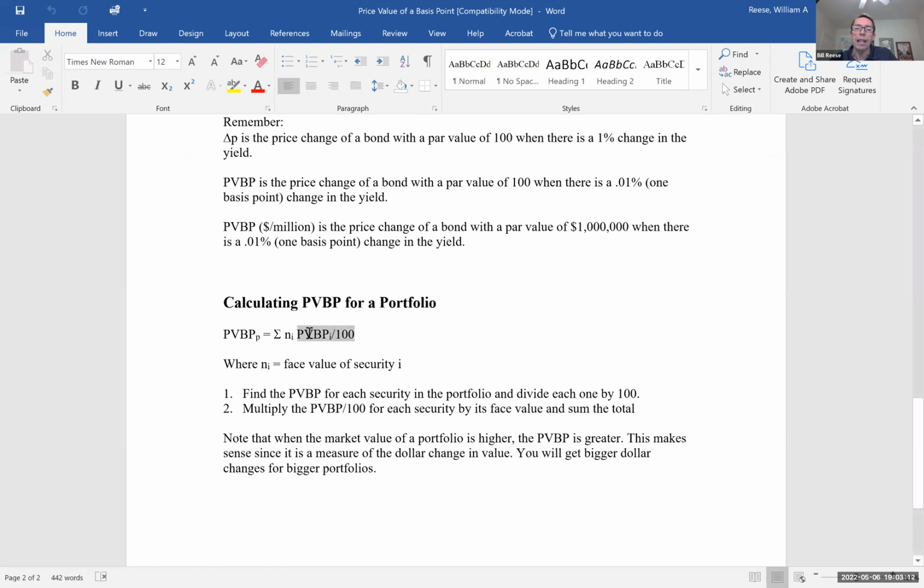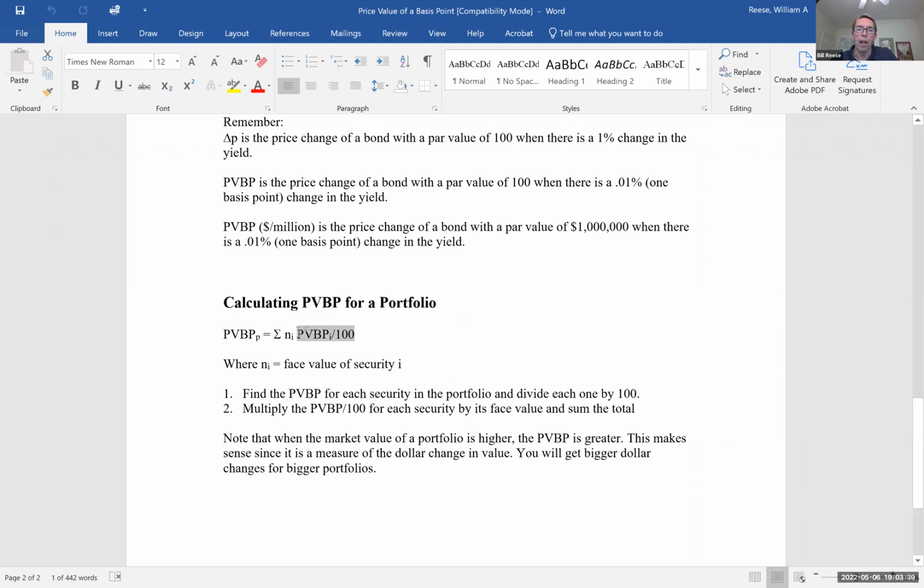Let me go back again, because I think I may have said that wrong. This portion right here is going to be what is the price of that bond going to change by if it has a $1 face value when there is a 1 basis point change in interest rates.